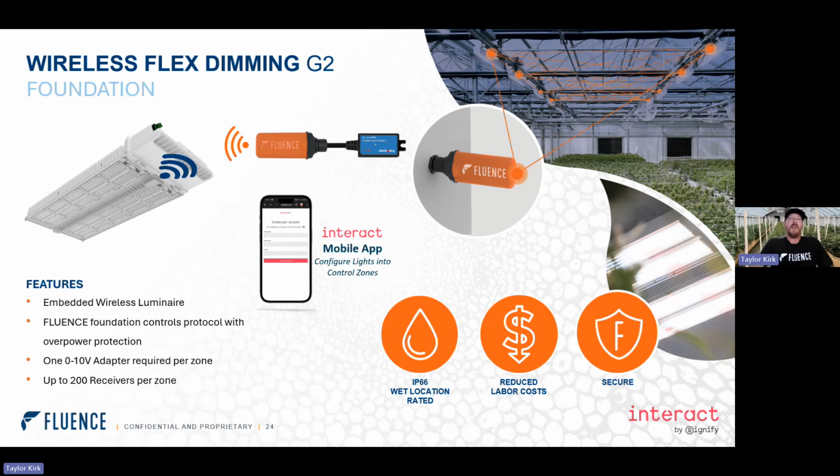It also comes with a mobile app feature for adjusting your zoning. As I mentioned, the wireless controllability of rezoning your fixtures on the fly through our mobile app, Signify Interact system. And you can control up to 200 zones, or 200 lights per zone.